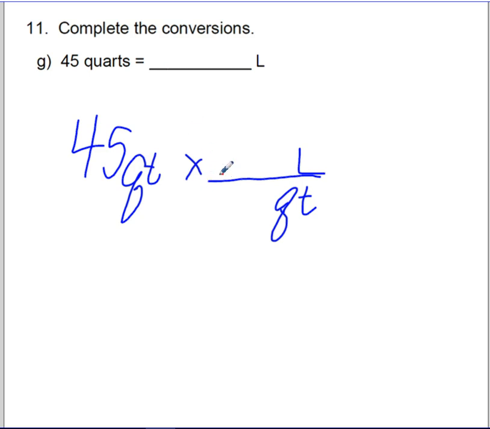So it's 0.946 liters per 1 quart. And when we multiply that, we get 42.57. If you want to use the other unit conversion, you can, and that would give you an answer of 42.45.